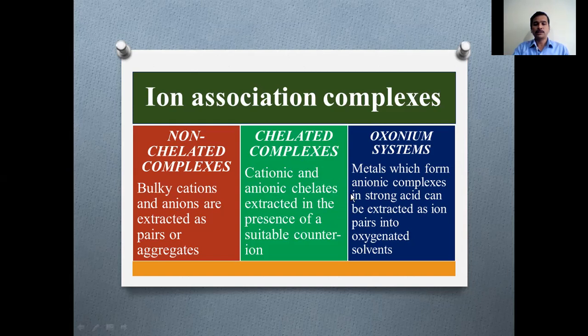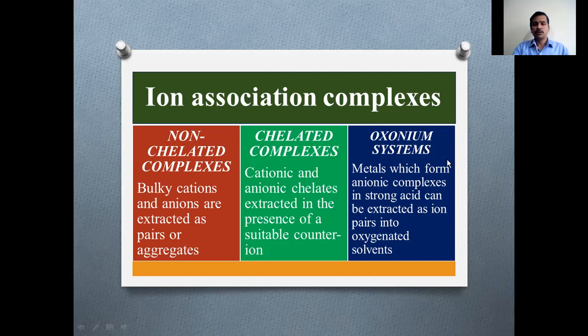So metal chelates, both cationic and anionic chelates, when they are treated with a suitable reagent which has a counter charge, a chelated ion association complex will be obtained, and that can be extracted into the organic phase.